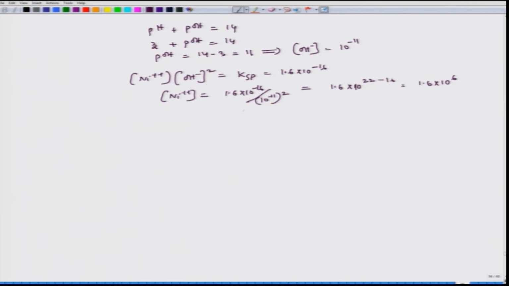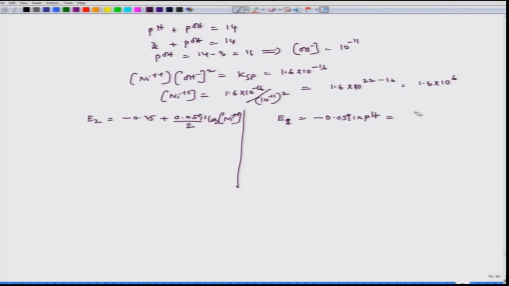So, we can again calculate E2, with E0 which is minus 0.25 plus 0.0591 by 2 log of the Ni plus plus ion concentration, and this side becomes minus 0.0591 into pH, with pH equal to 3.